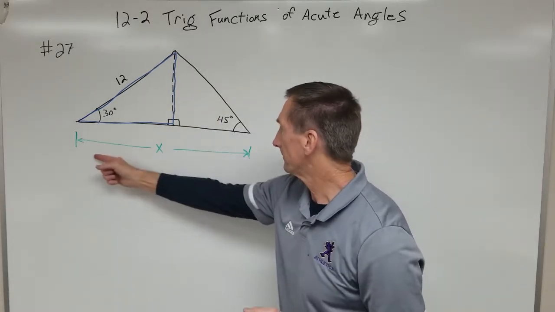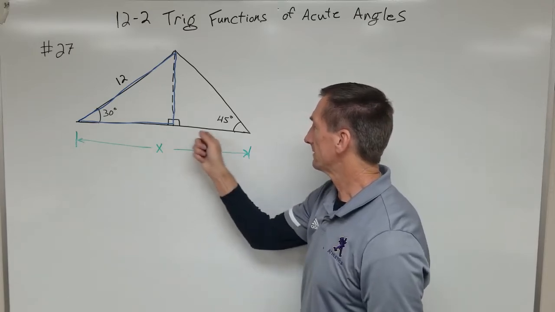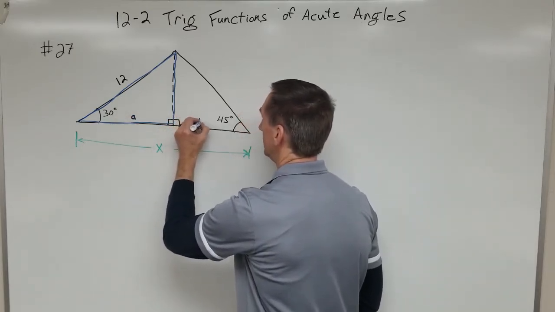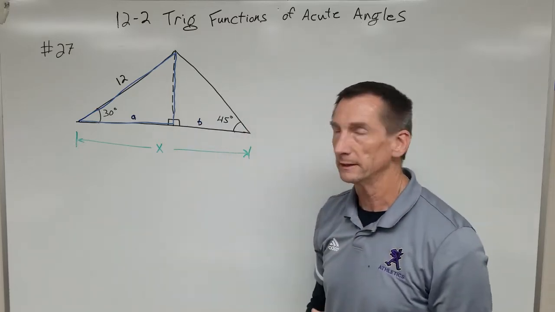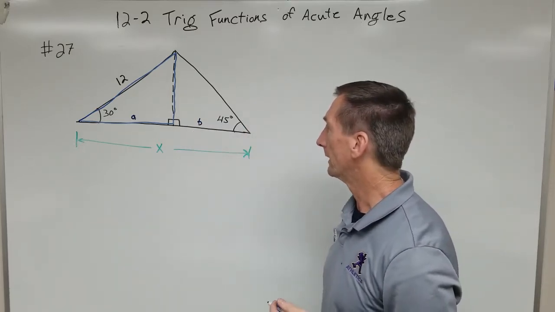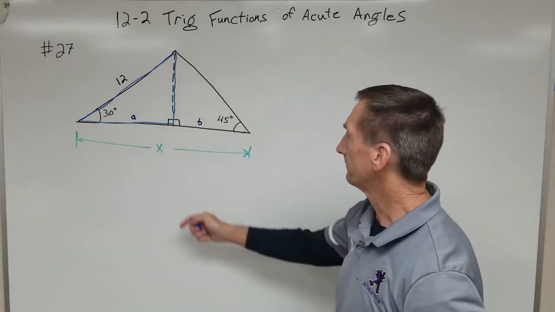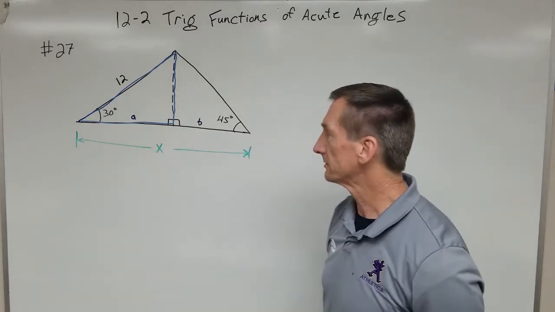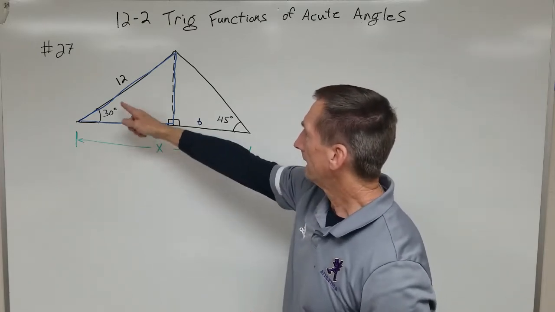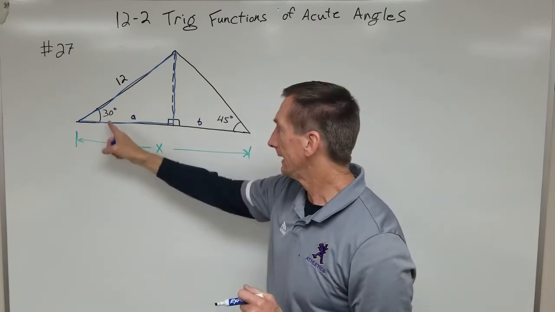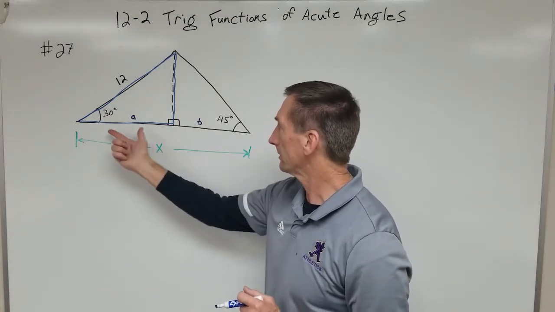So if I'm going to try to find x, I'm going to find these 2 lengths. Let's call this one A, and let's call this one B. So once I find A and B, I'm going to know what x is because I can just add up A and B. All right, so first off, let's find A. Okay, so with A, I know the radius or hypotenuse, and I know the angle, and I'm looking for A.